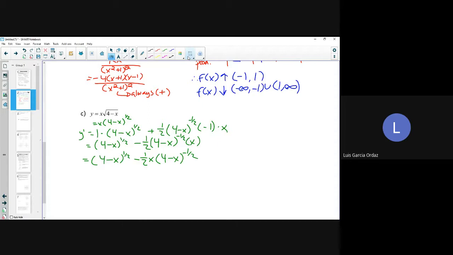So now what I can factor out is a 4 minus x to the 1/2. So I'm left with 4 minus x minus x over 2, or 1 over 2 x.